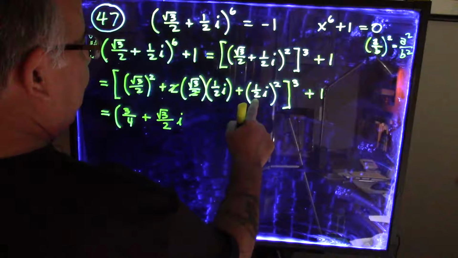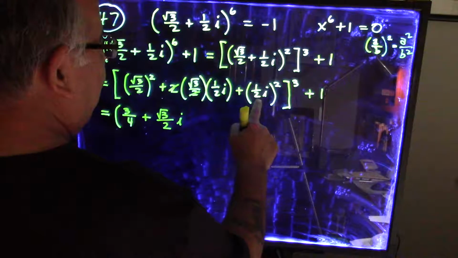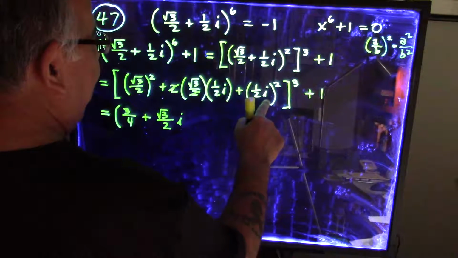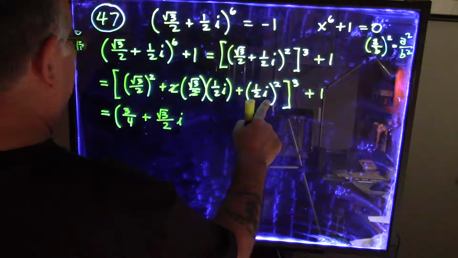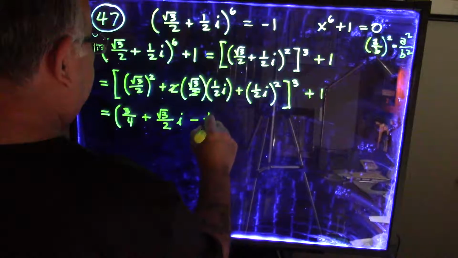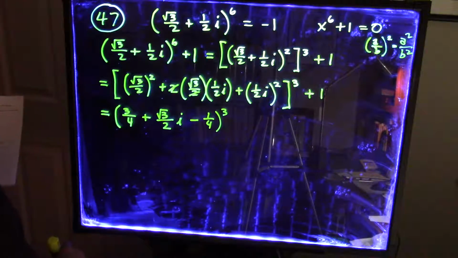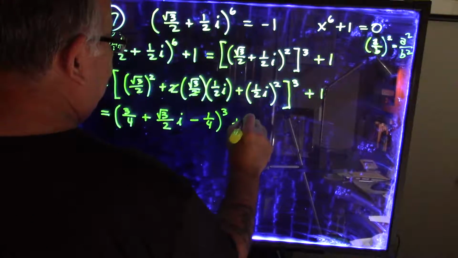And now we go to this one. 1/2 squared times i squared. 1/2 squared is 1/4. 1/2 times 1/2. And then i squared is -1, so that becomes minus 1/4. And then everything's cubed in there. Plus 1.